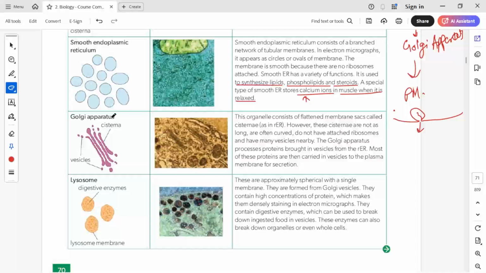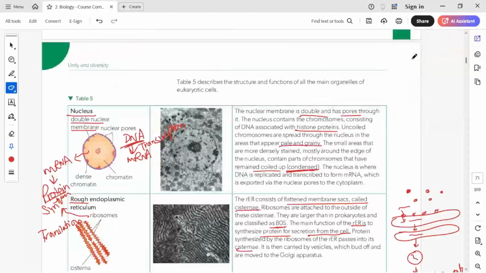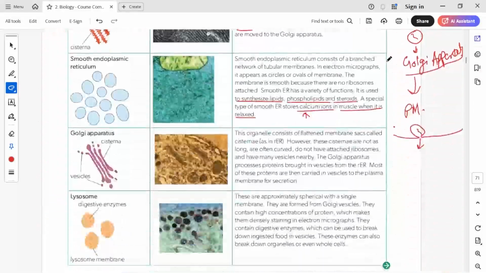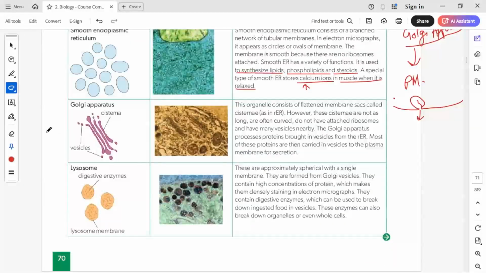Now coming to the next one, the Golgi apparatus. Just as I told you, in the endoplasmic reticulum the protein synthesis will take place, then it will be transported to the Golgi apparatus, from where it will be secreted out. The Golgi apparatus also has similar long strand-like structures, which are also called cisternae, just like the endoplasmic reticulum, and they will also secrete a lot of vesicles which will be targeted to different places.